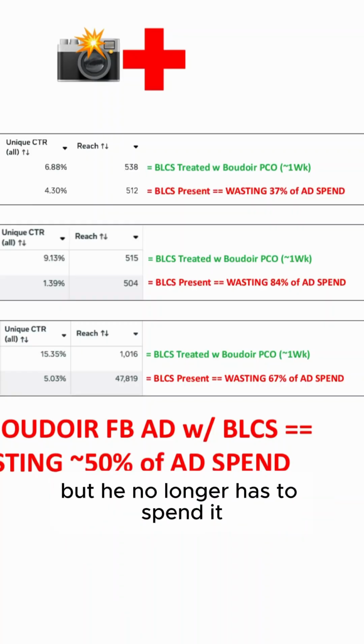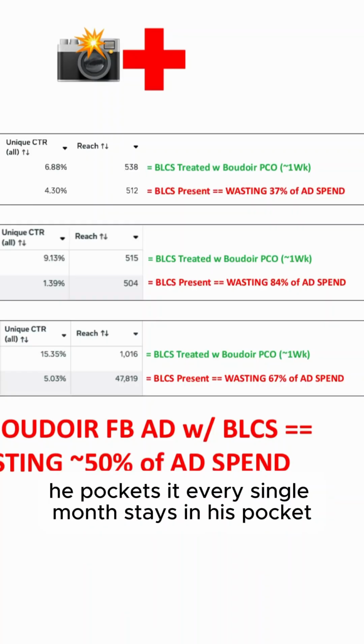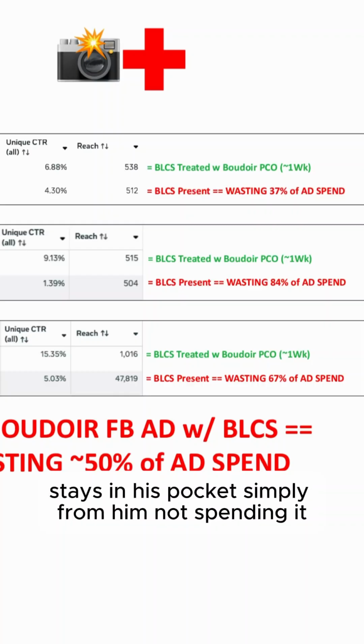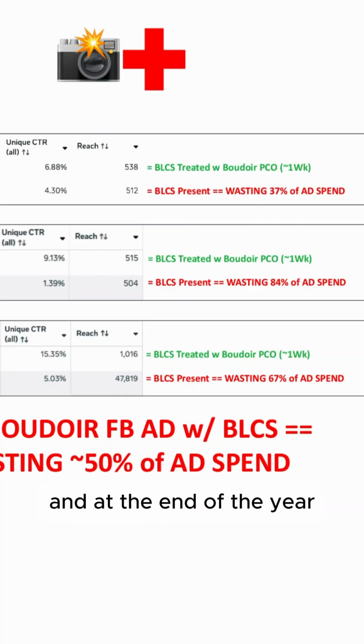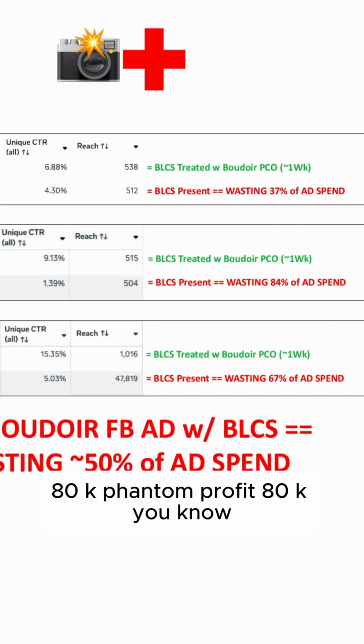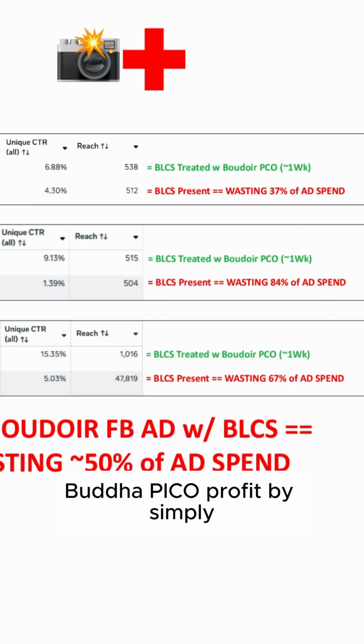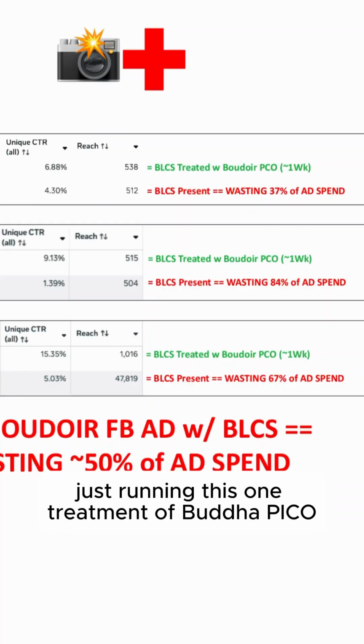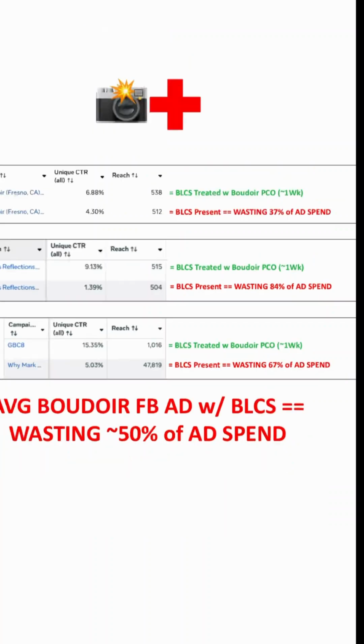He no longer has to spend it. He pockets it every single month. It stays in his pocket simply from him not spending it. And at the end of the year, it's like what, 80K bonus, 80K phantom profit, 80K Boudoir Pico profit by simply running this one treatment of Boudoir Pico.